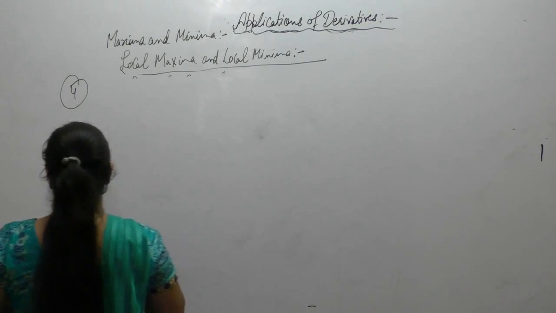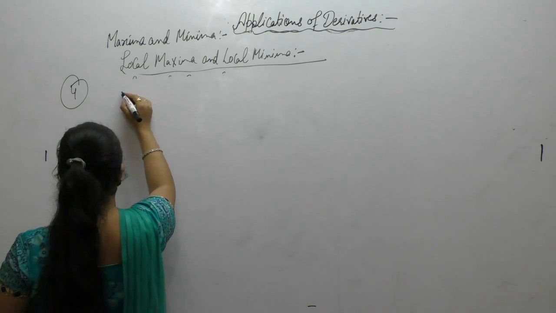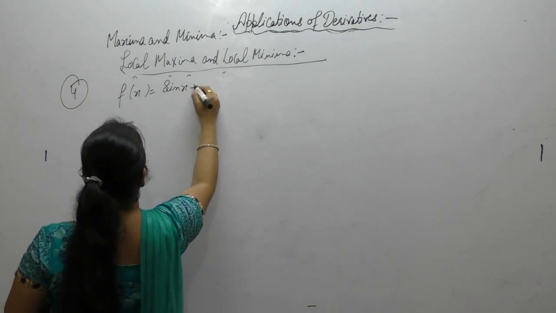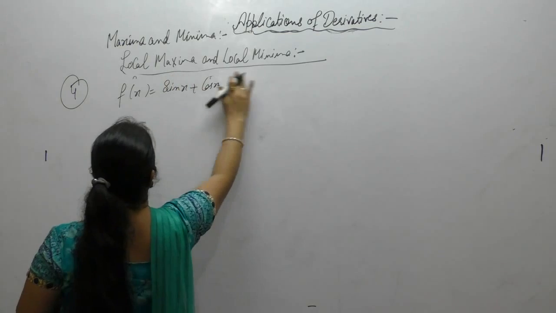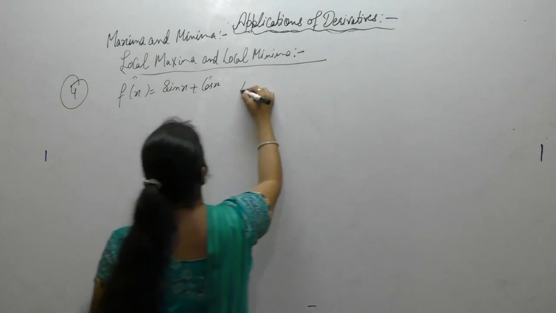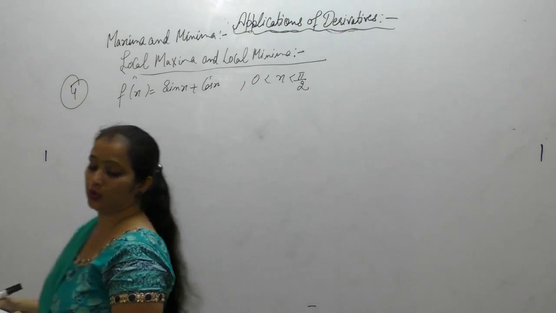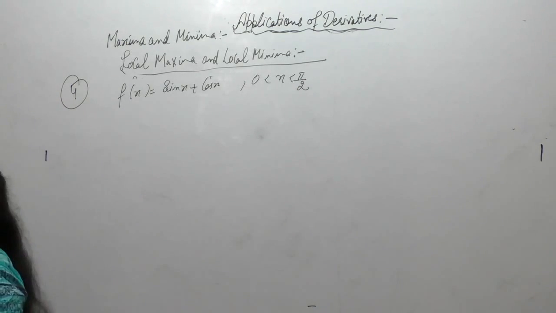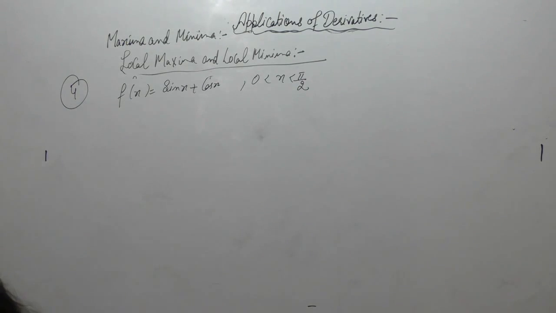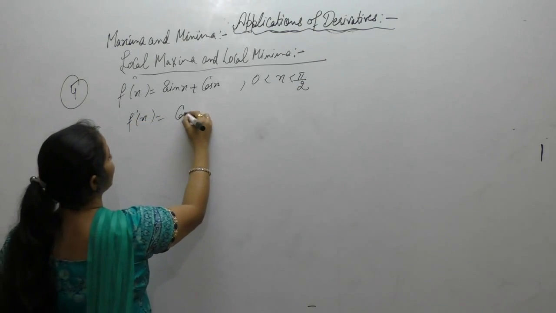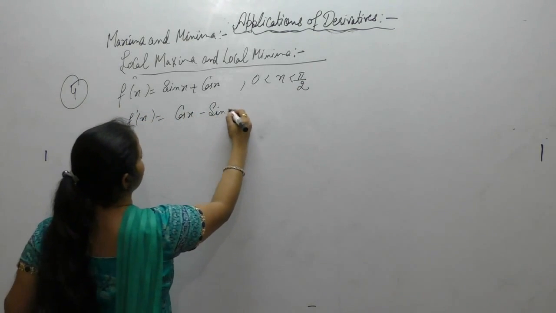Find the local maxima and local minima, if any, of the function f x is this, 0 less than x less than pi by 2, using the first derivative test. First find the derivative. Derivative of sine is cos, of cos is minus sine.